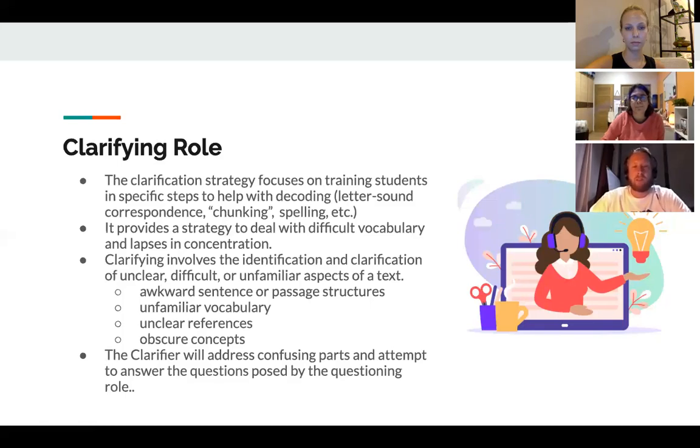Some of these unfamiliar aspects are awkward sentence or passage structures, unfamiliar vocabulary, unclear references, or obscure concepts. The clarifier is going to address the confusing parts, and they're going to attempt to answer the questions posed by the questioning role.